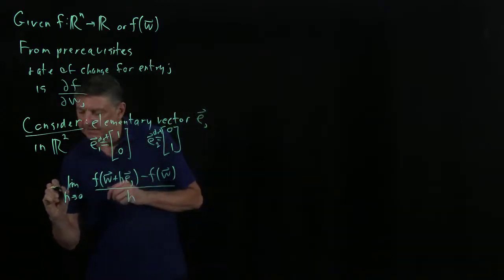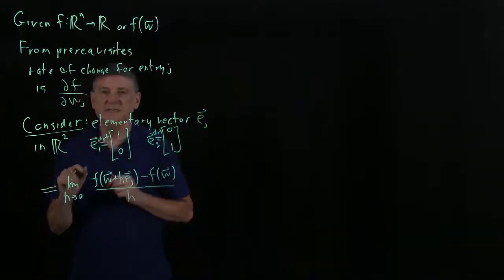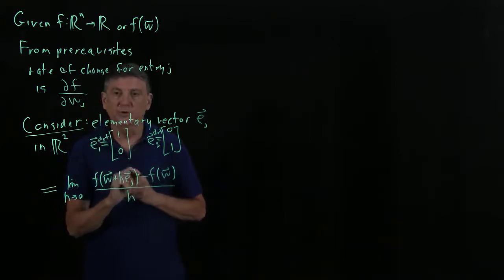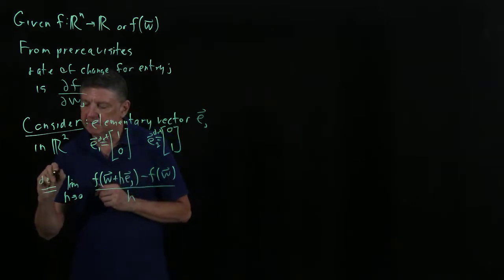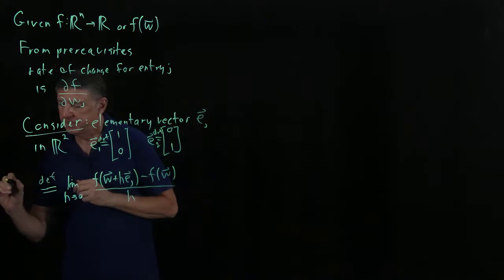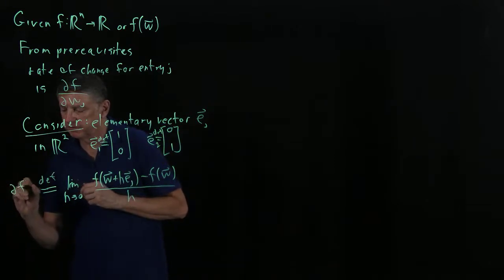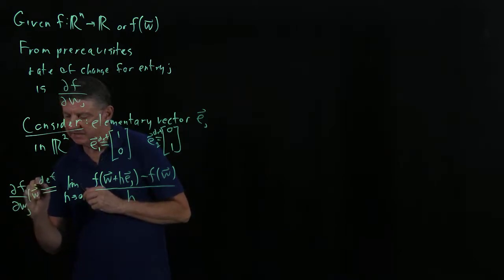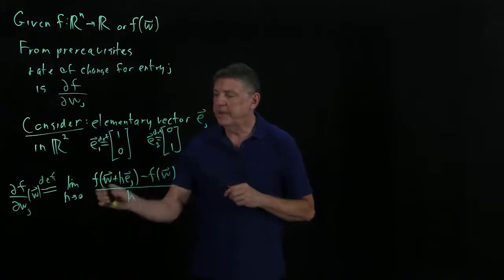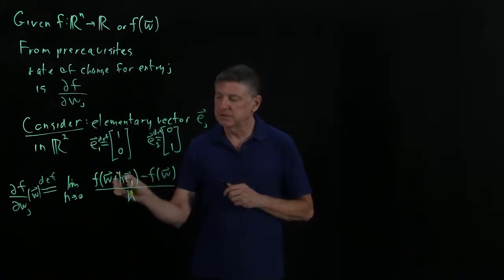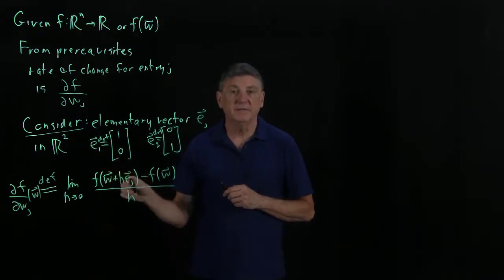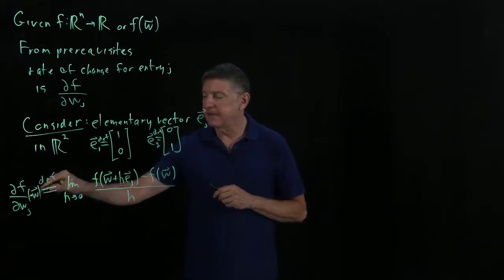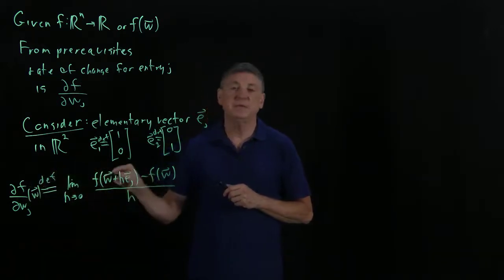Because this acts the same way as the partial derivative does, we will define the partial derivative of f with respect to entry j at an argument as being this limit. That's a powerful idea.